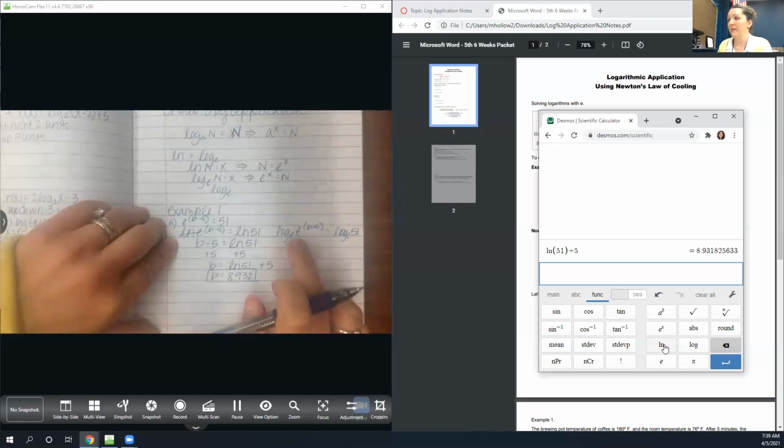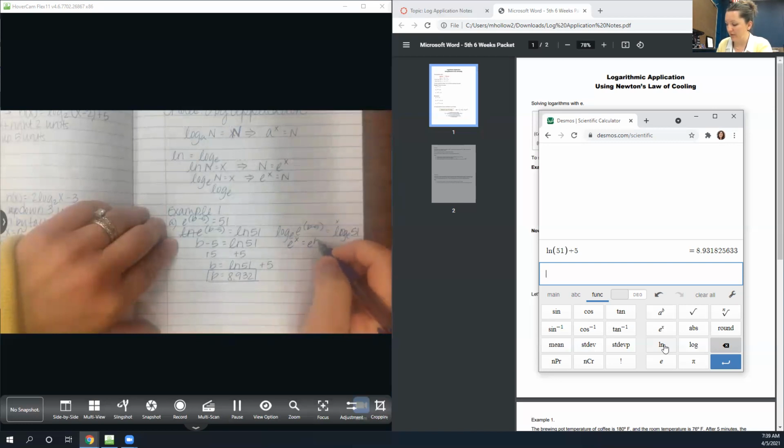When I take the log base e of something, I'm really saying e to the x, right? e to the x equals e to the b minus 5. Do you see how those cancel each other out? So in fact, when I take the natural log of e, it actually cancels out. So we can kind of see how that works.